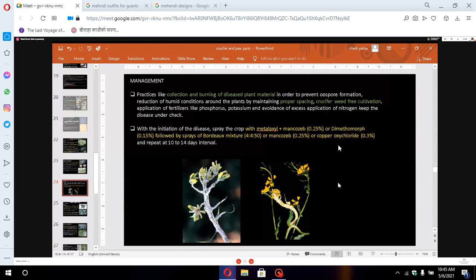They are also anti-oomycete. Someone can also spray a borax mixture, or as a prophylactic spray use mancozeb or copper oxychloride.